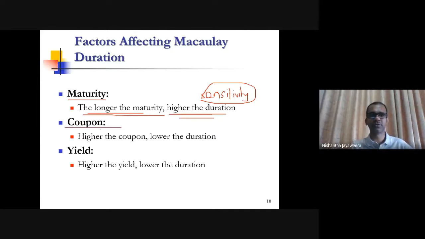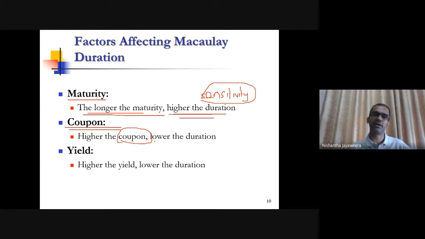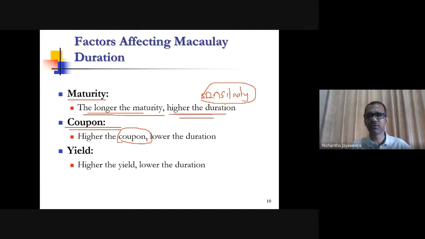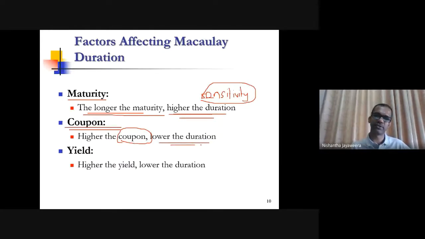Then coupon, it's the other way around. When the coupon is high, you have a lot of cash flows, or higher cash flows, compared to a lower coupon bond. So therefore the duration is low. Then the sensitivity is low. For a given interest rate change, price would change by a small amount.